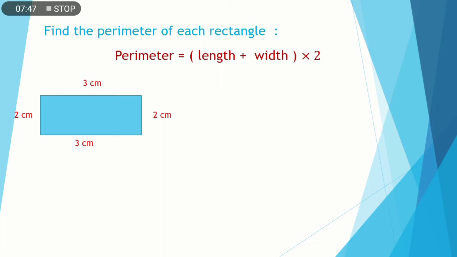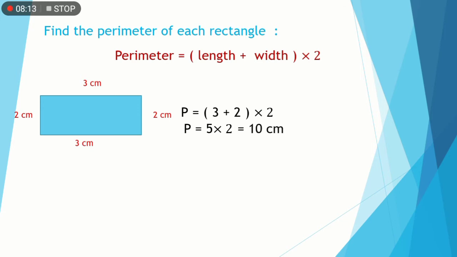How can I get the perimeter? Perimeter equals 3 plus 2 times 2. Take the two numbers and add them, and the answer I will multiply. 3 plus 2 equals 5. 5 times 2 equals 10 centimeters, because of the unit.